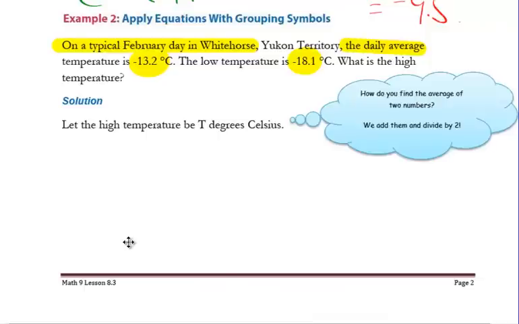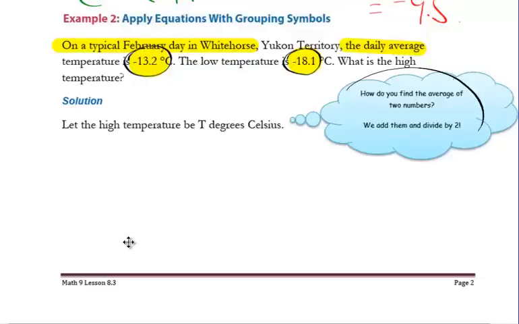So, we're told what the average is. The average temperature is this number here. Now, the low temperature is the negative 18.1, and we want to find out what the high temperature is. Now, the high temperature is going to be a larger number than negative 13.2, and of course larger than negative 18.1, isn't it?